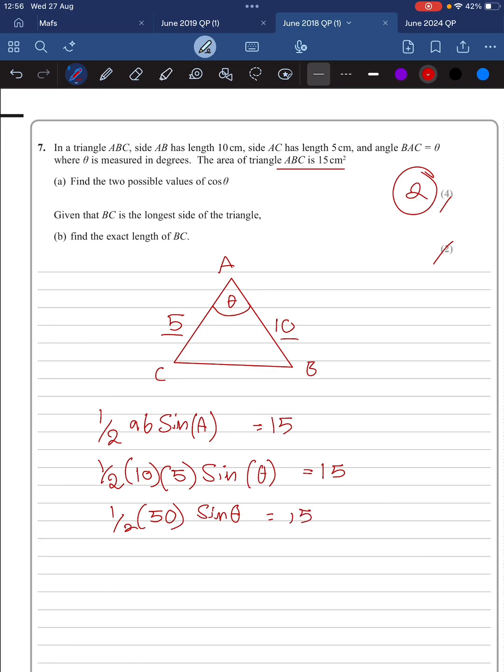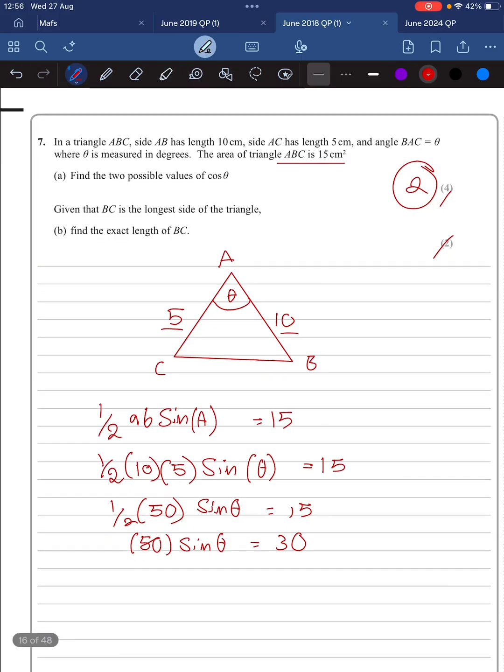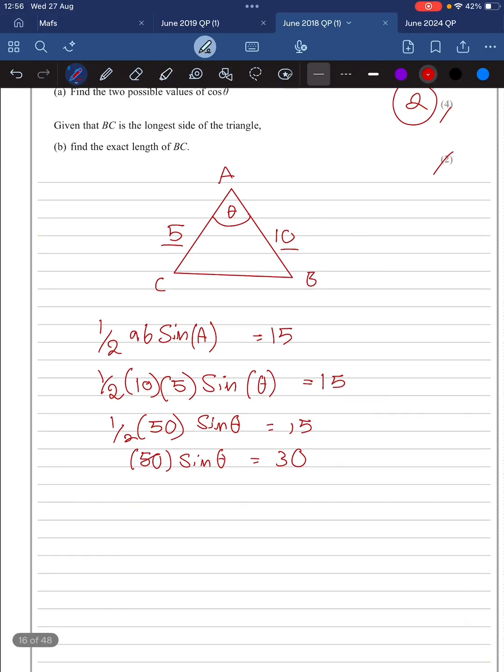If I divide by half, we get 50 sine theta is equal to 30. Okay, and if I divide by 50, we get sine theta equals 30 over 50, which is the same as 3 over 5, sorry.